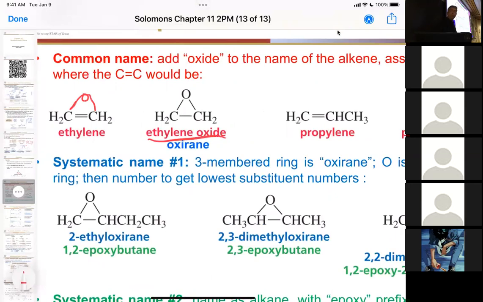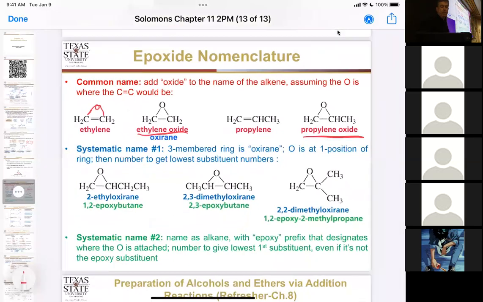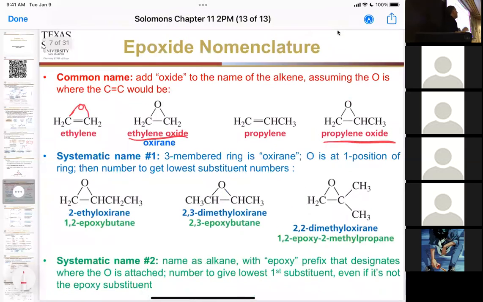But if you made it from propylene, you get propylene oxide. You took your double bond and turned it into that 3-membered ring. So that's one way to name things. Okay. And that's the common name. The common name is what alkene you made it from. So if you made it from butene, it would be butene oxide. So it's that simple.